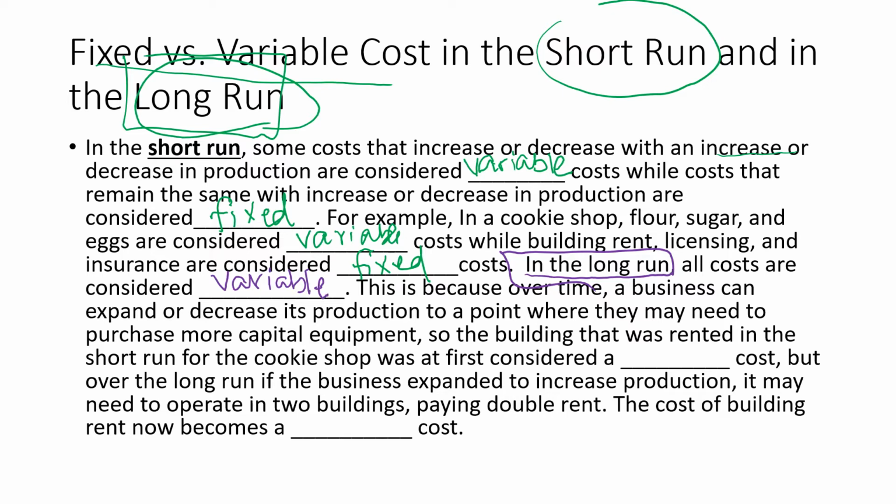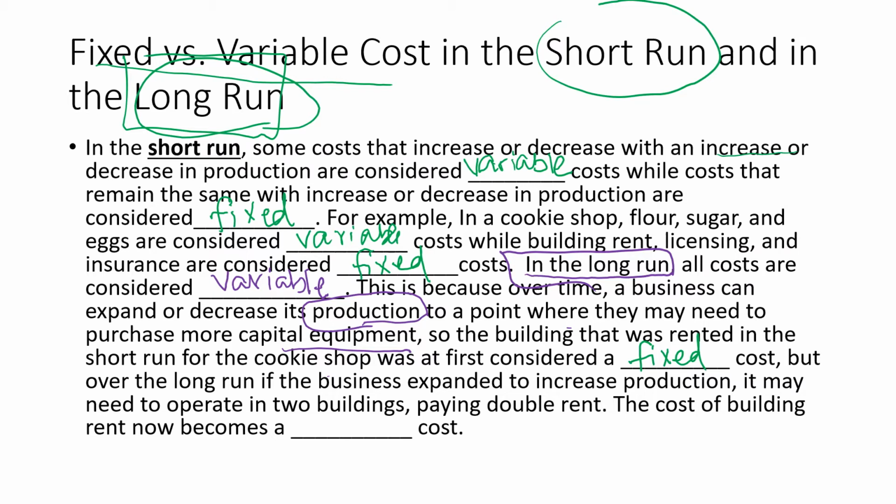This is because over time a business can expand its production to a point where they may need to purchase more capital equipment. So a building that was rented in the short run for a cookie shop, at first we considered that a fixed cost, the building that we rent.